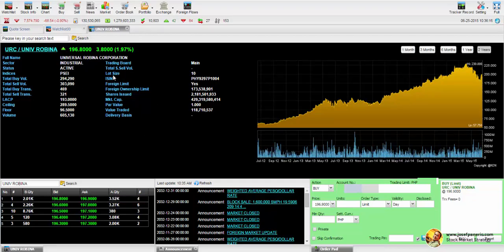The lot size is what we call the board lot. The minimum number of shares that you can buy for this stock. Then what's its current price right now? It's already 196.80.